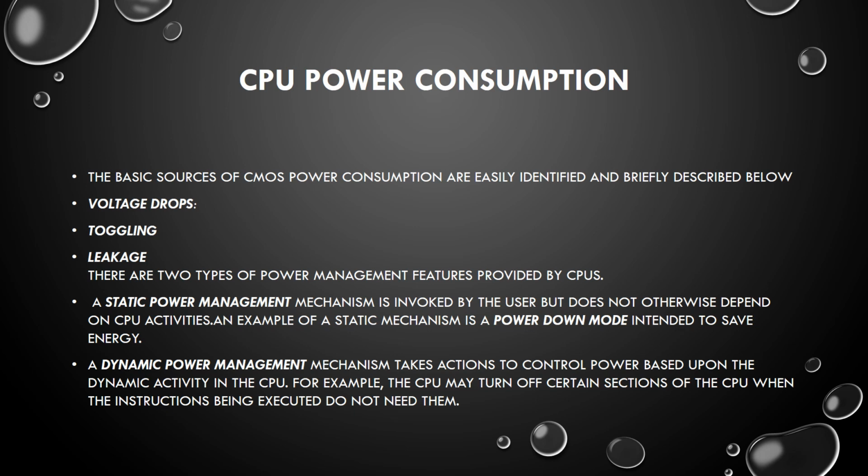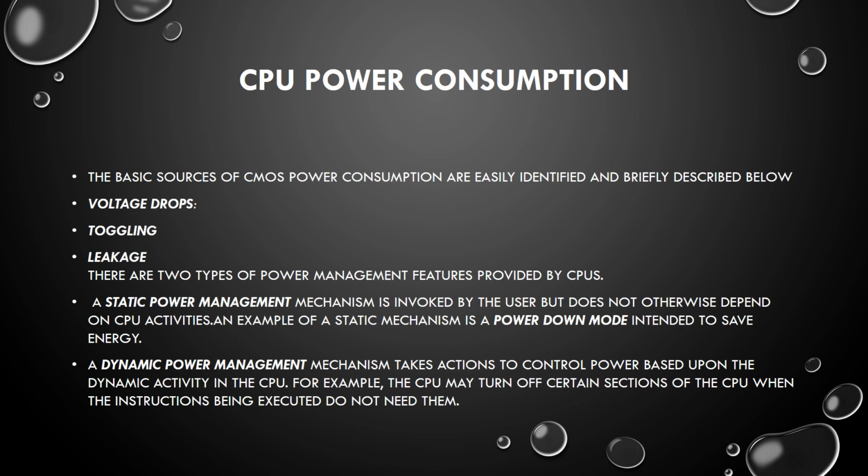The first one is that the CPU can be used at a reduced voltage level. For example, reducing the power supply from 1.2 volts to 1 volt causes the power consumption to drop. The CPU can operate at a lower clock frequency to reduce power consumption. The CPU may internally disable certain function units that are not required for the current execution.